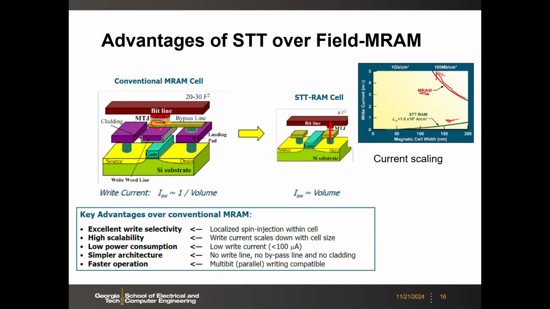Because this volume is too small, it does not feel enough external field. You need to further increase the current to insert more force there, essentially. So this is very difficult to scale. That's why you need tens of milliamps, which is impossible for any transistor to provide.